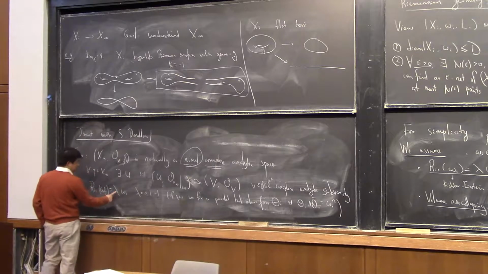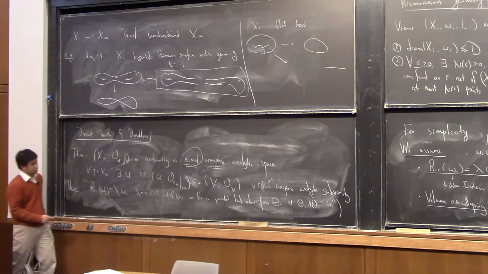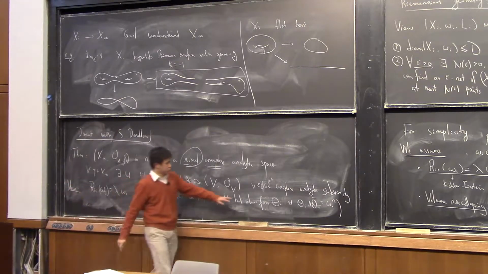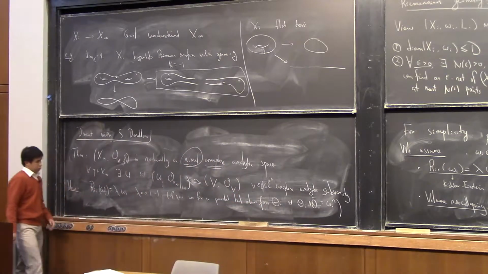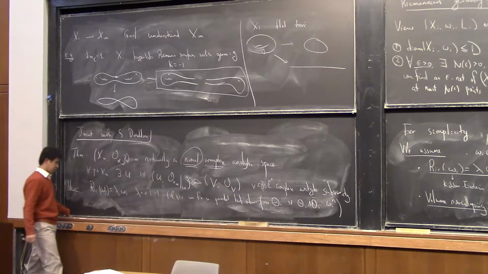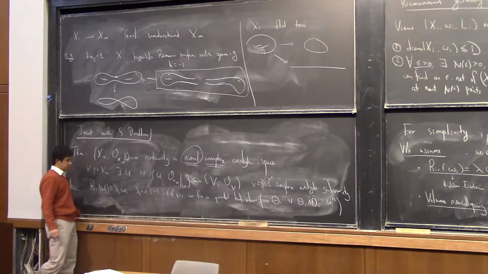When lambda equals 0, the manifold is Calabi-Yau. But we want it to be strictly Calabi-Yau, so that the canonical line bundle is actually trivial.